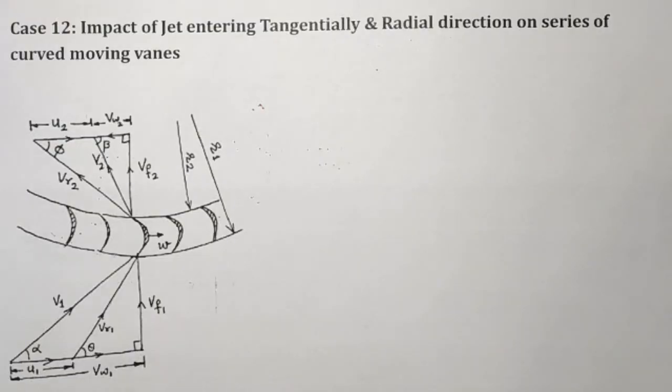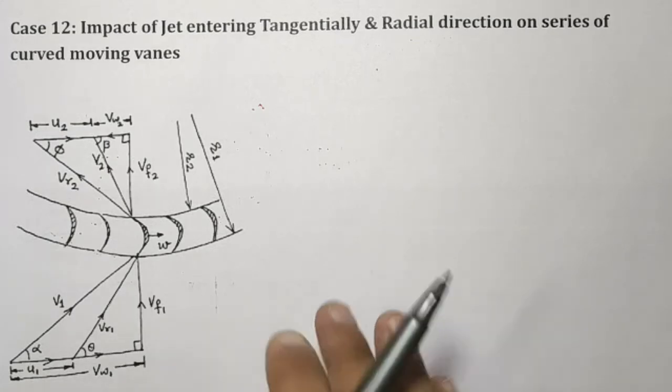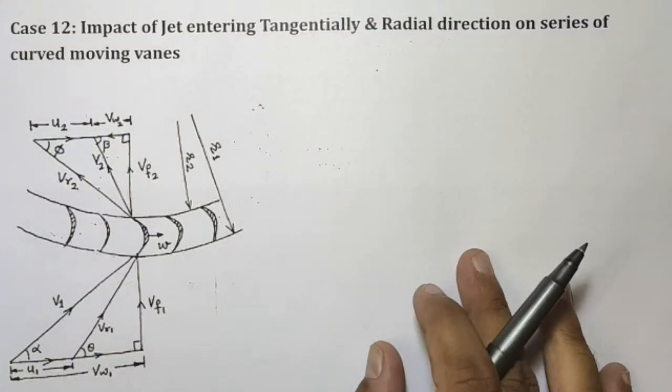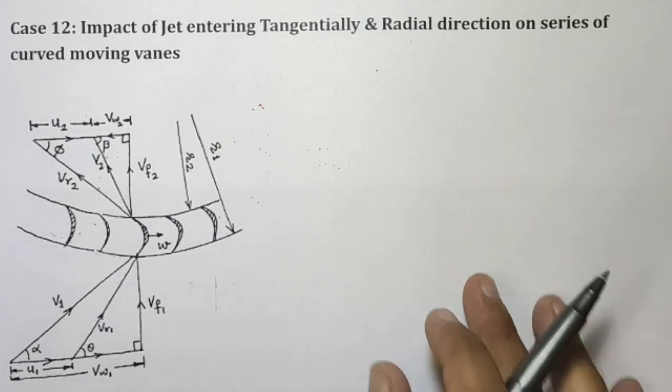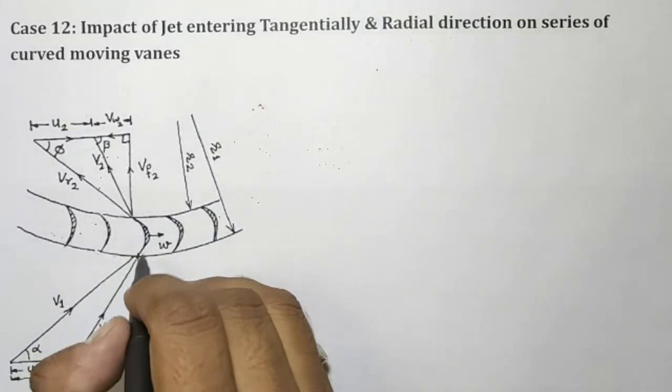The next and very important case is the impact of a jet entering tangentially in a radial direction on a series of curved moving vanes. Now these curved vanes are unsymmetrically curved.